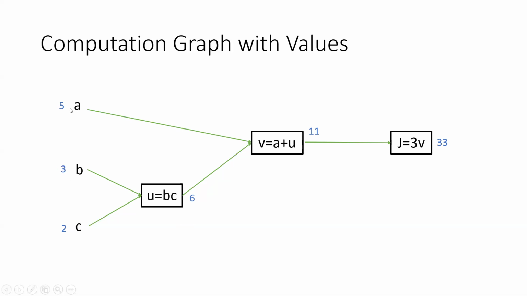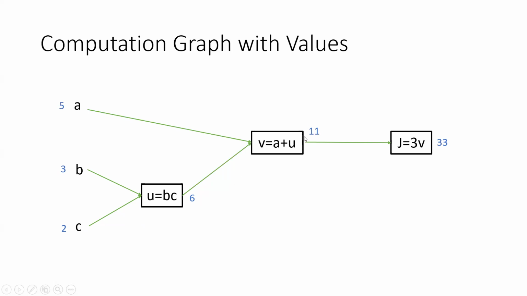So b equals 3, a equals 5, c equals 2. The u variable is 6, because b is 3 and c is 2.